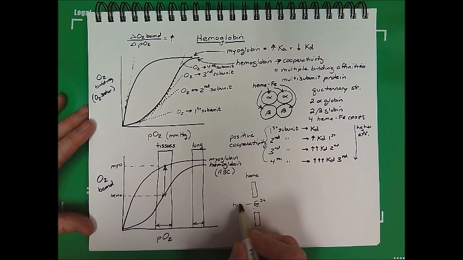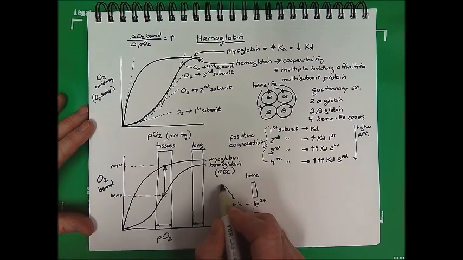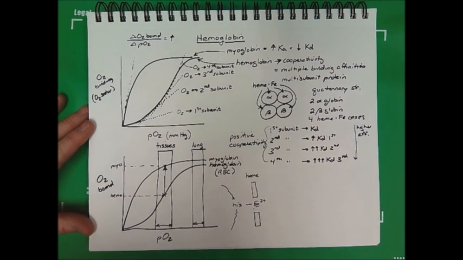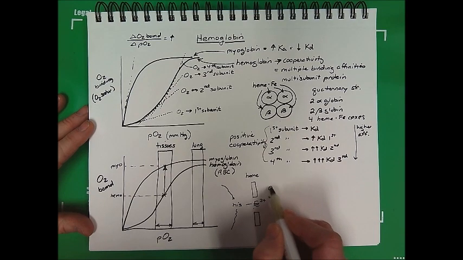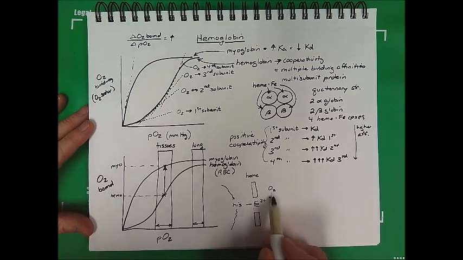Recall that this is bound to the histidine amino acid of the polypeptide chain. And now when oxygen binds, the oxygen binding to the iron is going to pull this structure out in this direction.